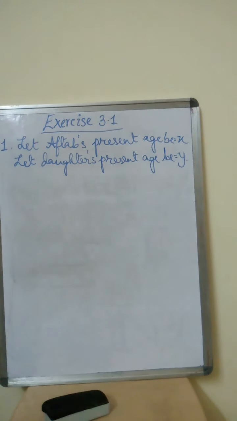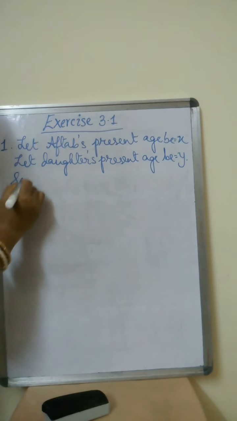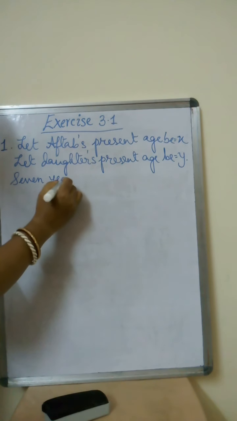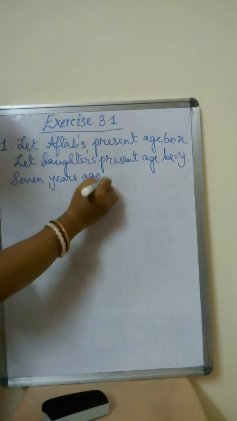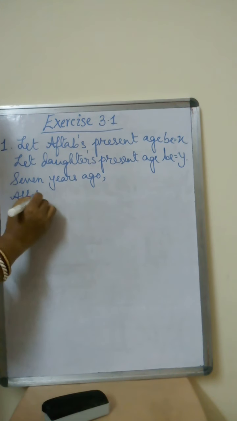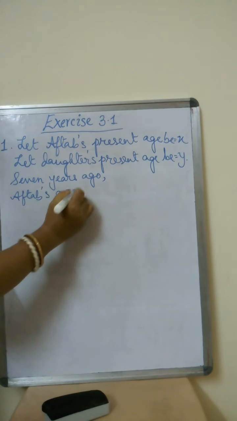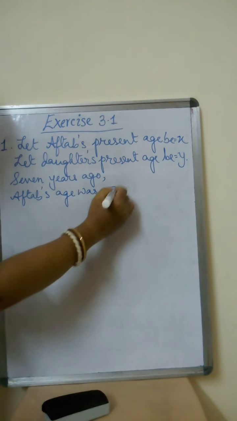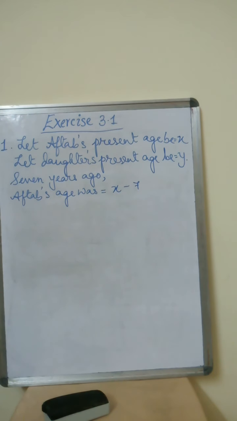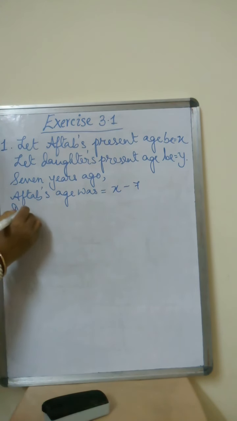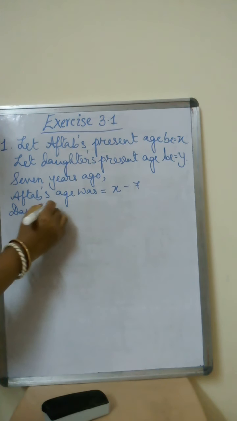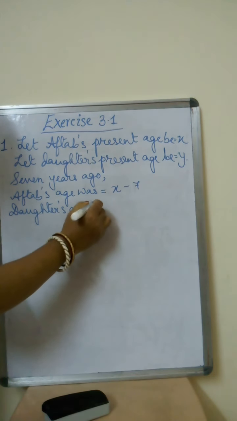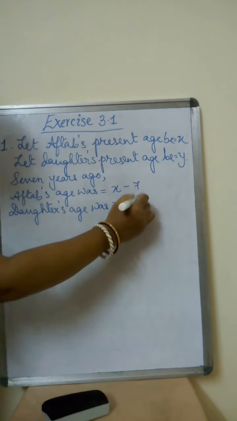Now what is given is 7 years ago. So 7 years ago, what was Aftab's age? Aftab's age was X minus 7, and the daughter's age was Y minus 7.